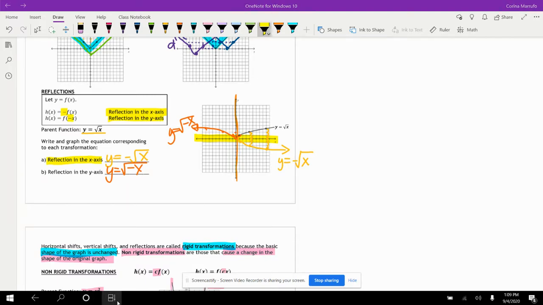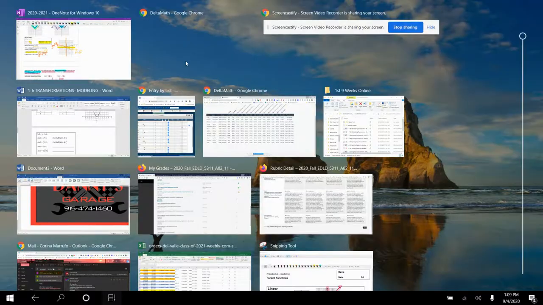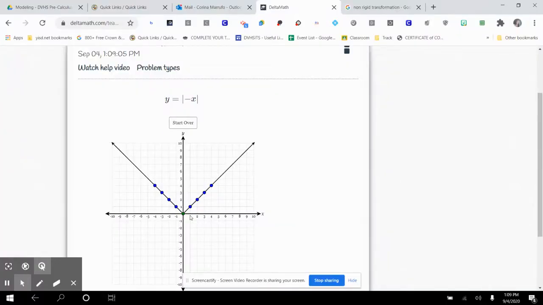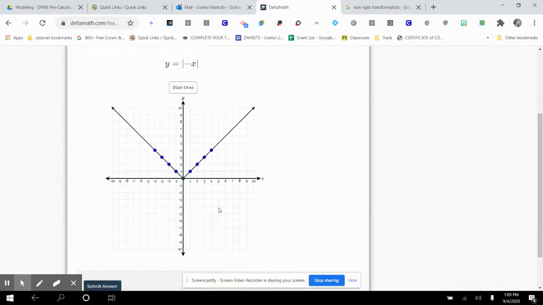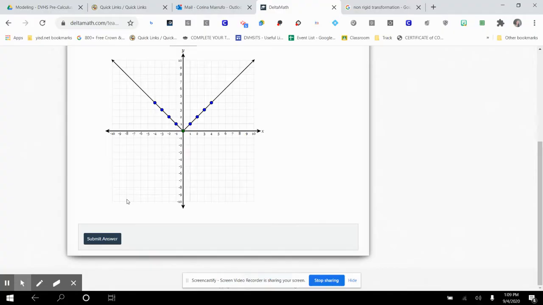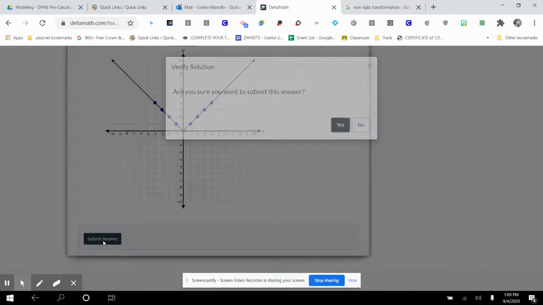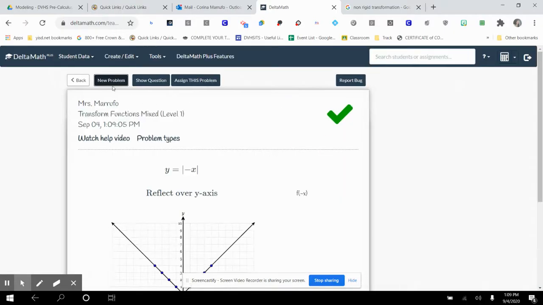So I'm going to go back to my Delta Math. And then if I'm going to reflect this across the y-axis, it ends up being at the exact same spot. Because this point, if I reflect it to this side, it's on here. I reflect this one over here, and so on. So we can't really reflect it across the y-axis because it just ends up being the exact same graph. So I'm going to submit my answer. Are you sure? Yes. Okay, that one was too easy.